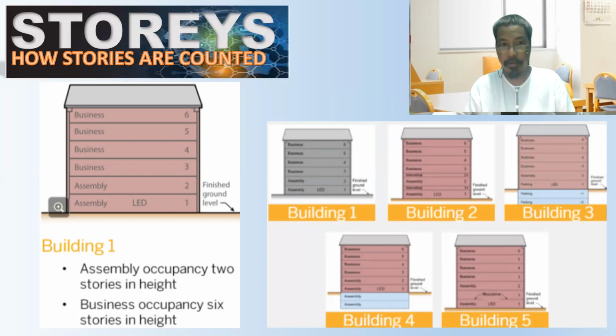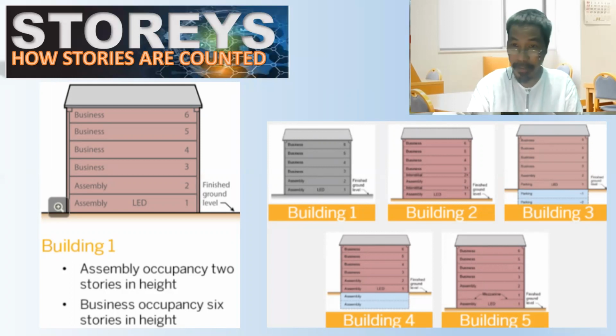Although functionally the building is mainly classified as business, we also count the first and second floor as classified also as business, as much as they are classified as assembly.